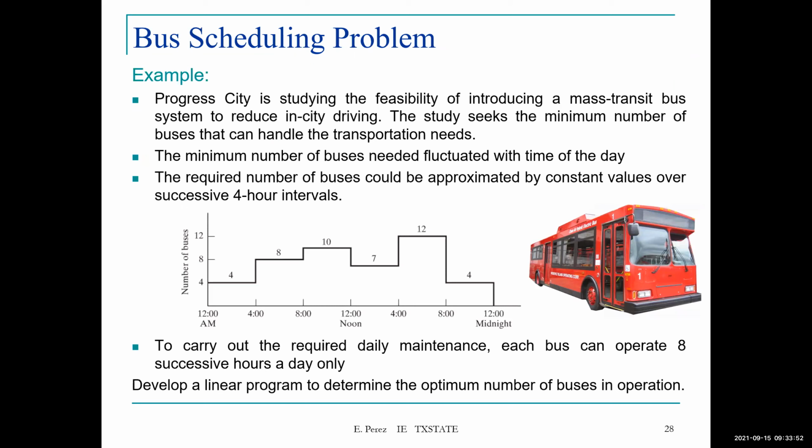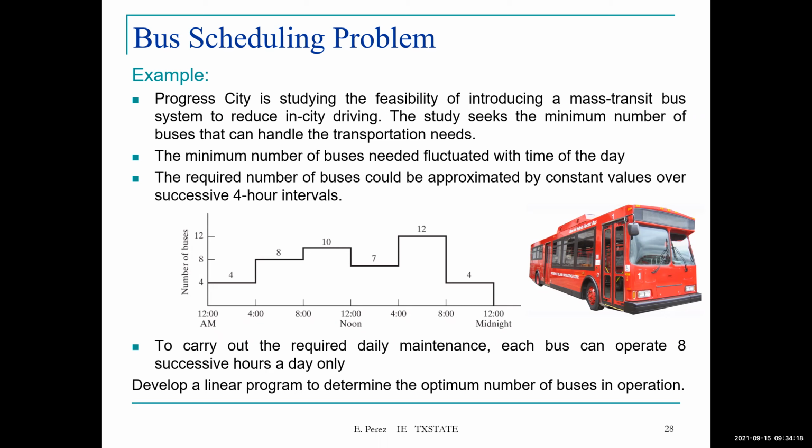And we discussed these two examples that were similar in the sense of knowing what is the demand and then trying to schedule resources around that demand with the goal of using the minimum number of resources possible. So we did that for the bus scheduling problem.